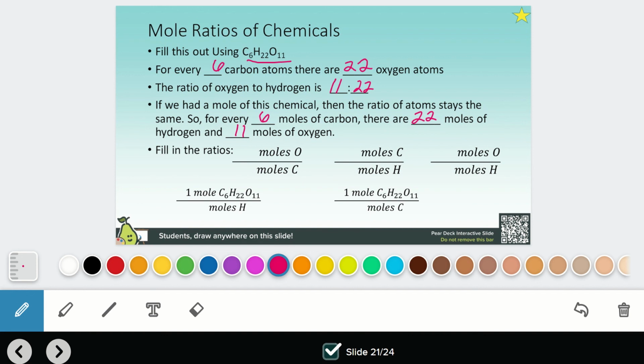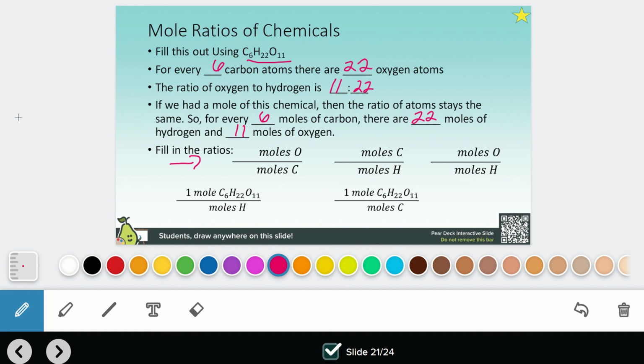So we can create ratios between any 2 of these chemicals and write them as fractions as well. So take a second, pause, and fill in those top 3 ratios and then unpause. All right, hopefully you were able to work through these.